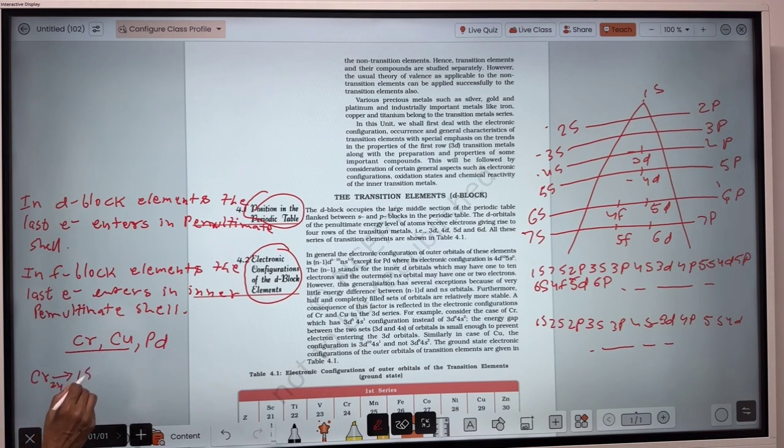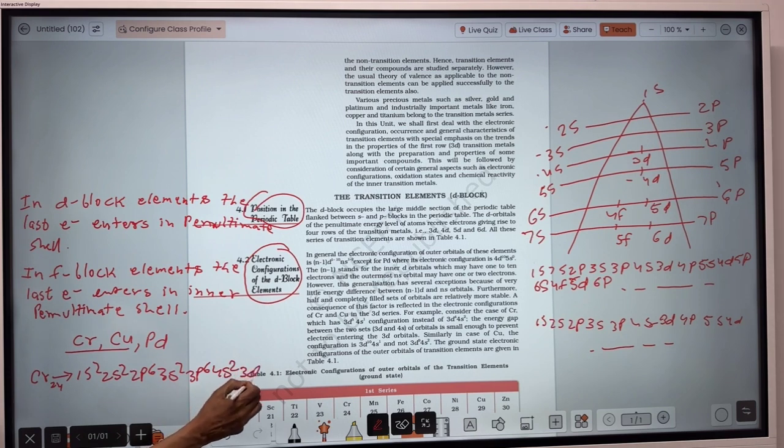That would be the electronic configuration, but that will not be the case. As in the case of copper, we have studied that half-filled and fully filled d orbitals provide extra stability to the atoms. That's why one electron from 4s enters into 3d.